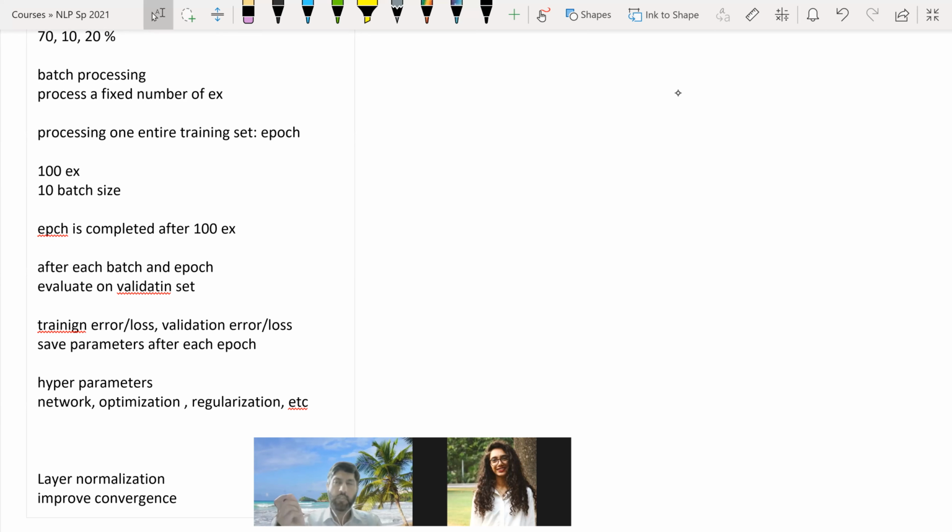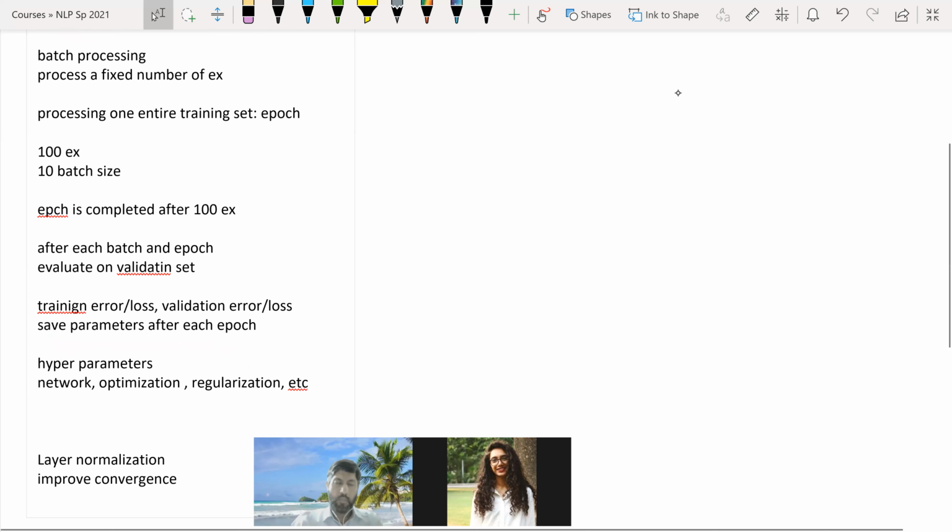So that is convergence. So we would like to improve the convergence, meaning that we want to get the convergence in a smaller number of epochs, and maybe the convergence is very well defined or smooth rather than jumpy. So layer normalization is a technique that is commonly employed for this.